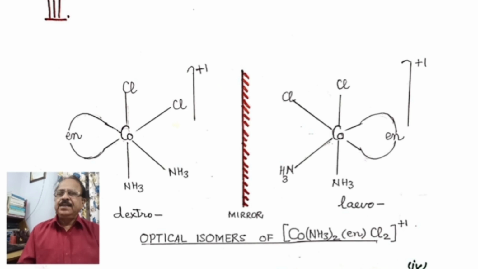So on the left hand side is the dextro isomer, and on the right hand side is the mirror image of this isomer. Now this dextro isomer cannot be superimposed on its mirror image, so the mirror image is labeled as levorotatory. So dextrorotatory and levorotatory are the two optical isomers of this cobalt complex.